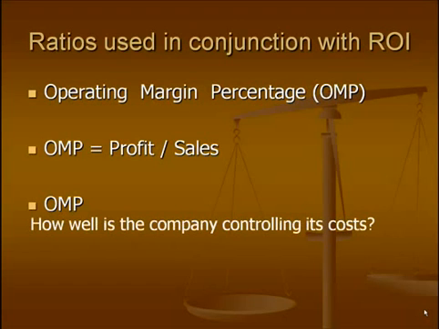It tells you how well the company is controlling its costs. Over time, if OMP goes up, it means the company is doing a good job controlling costs. If OMP goes down, vice versa, the company is not doing a good job controlling costs.